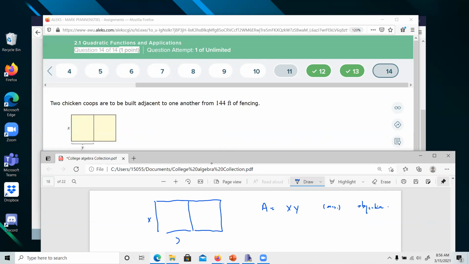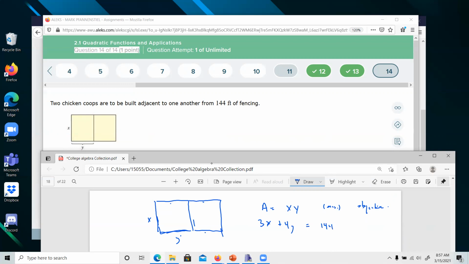All right. So the way this is listed out, let's just count up how many variables we have. We have 1, 2, 3 x's. And then for y's, we have 1, 2, 3, 4 y's. All right. So our perimeter statement, the fencing statement, has got to be 3x plus 4y, and that is equal to 144.